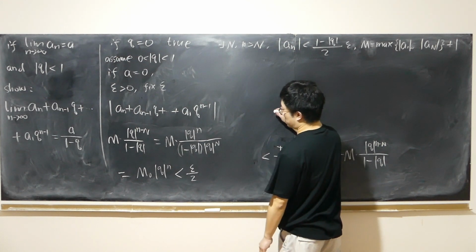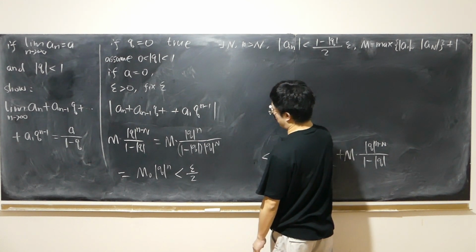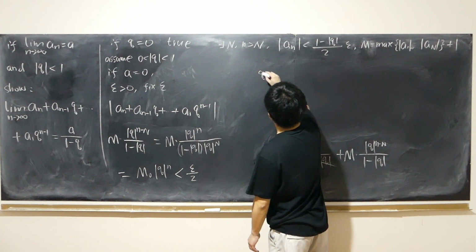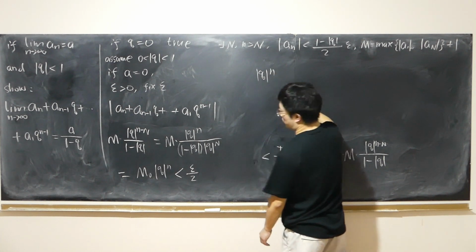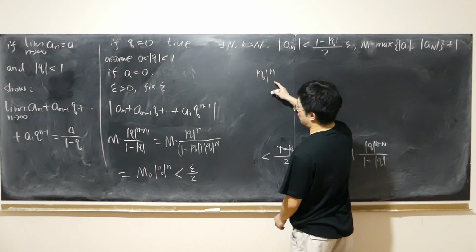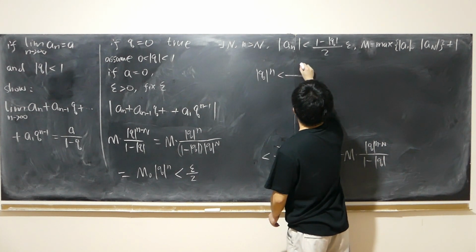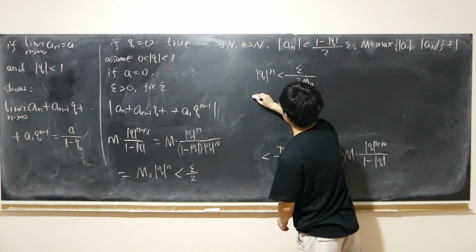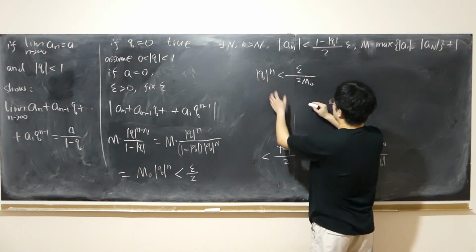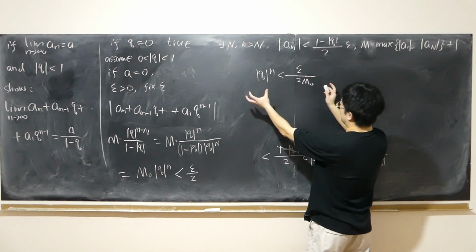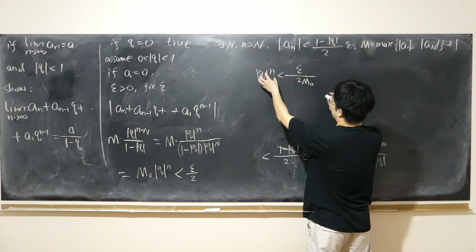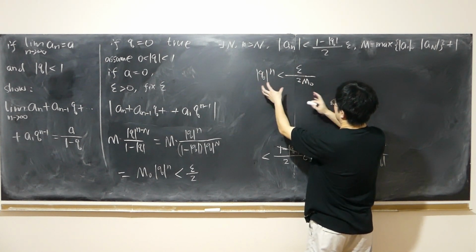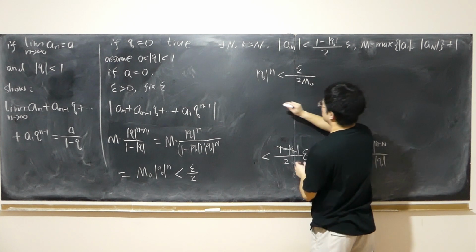So in other words, can I show that when n is big enough, the absolute value of q to the power of n can be smaller than epsilon over 2 times M naught, right? In other words, if we apply logarithm on both sides, logarithm is an increasing function, of course, a positive increasing function still maintains the direction.